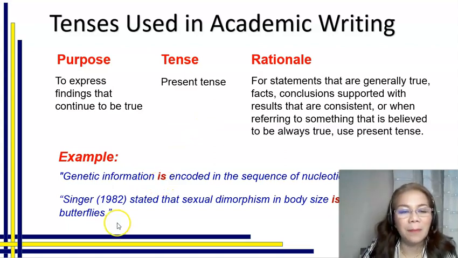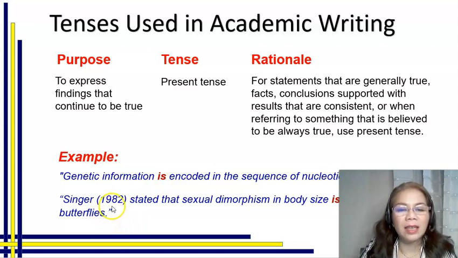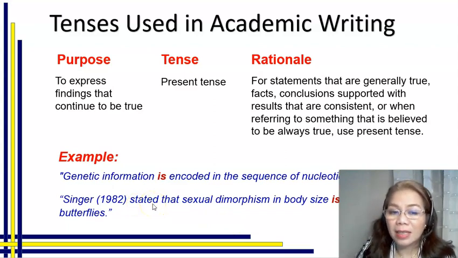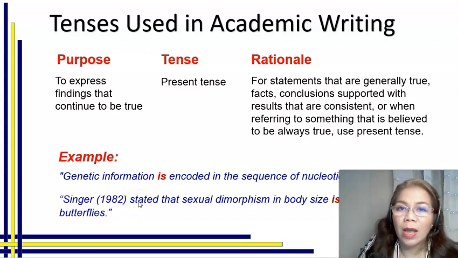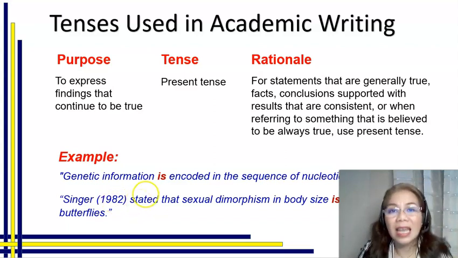Okay, another example. Singer in 1982 stated that sexual dimorphism in body size is common among butterflies. While we use the word stated, yes, because Singer stated this in 1982, what he stated was a fact.